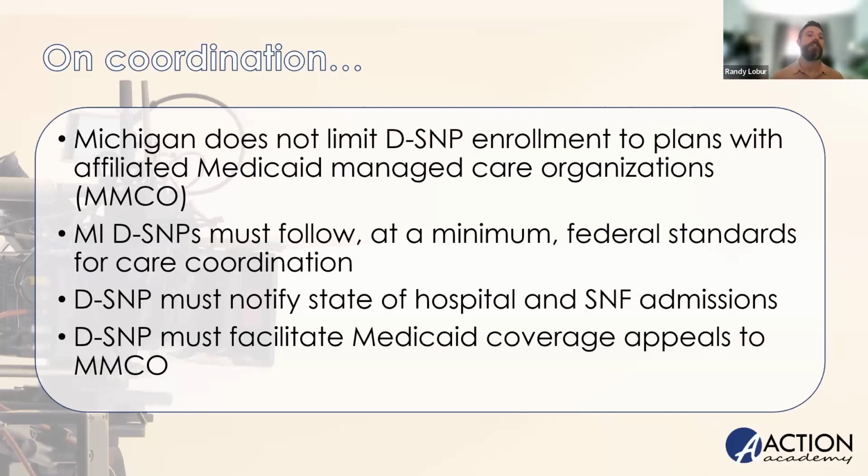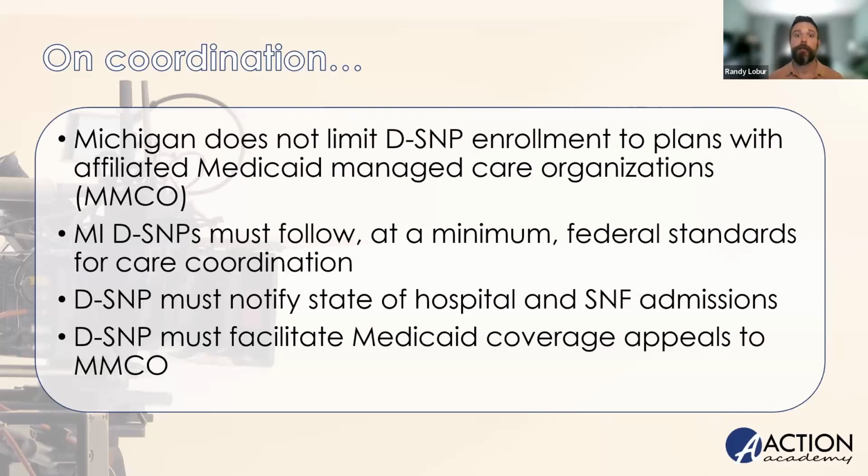However, in Michigan, DSNPs are required to follow all federal standards for care coordination. The really key pieces to keep in mind when you're thinking about your beneficiaries is that the DSNP is in charge of notifying the state Medicaid of any hospital or SNF admissions, and the DSNP also facilitates any Medicaid coverage appeals.